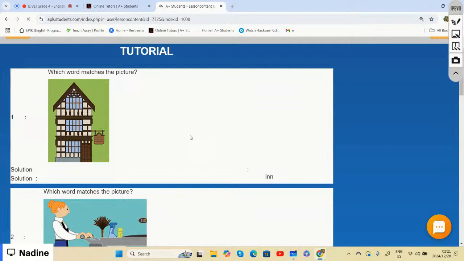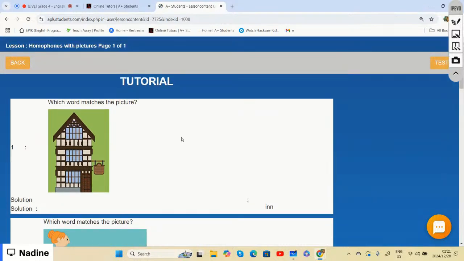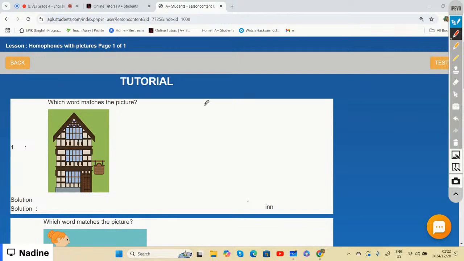You're going to look at the picture, right? And then we're going to try and identify which word matches that specific picture. Like if you look at this picture over here, which word will match that picture? It's like a hotel.